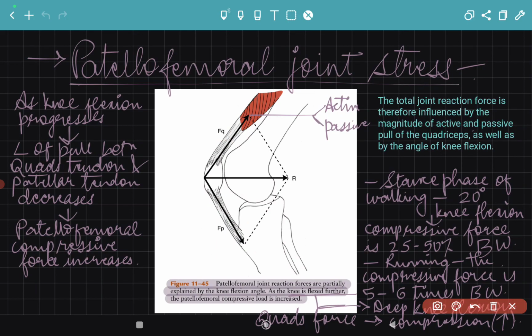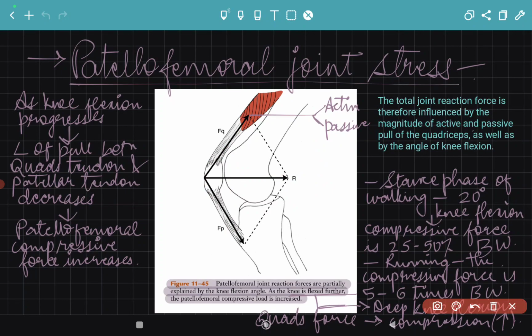So either without the contraction of the quadriceps there will be the passive force alone, or when the quadriceps is exerting the pull on the patella, there will be passive plus active pull. Along with it, there is one more thing, that is the angle of knee flexion. Those factors will influence the total joint reaction force on the patella.